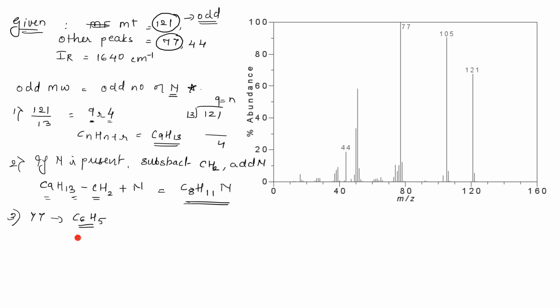So from C8H11N, we subtract C6H5 because we know there is a phenyl ring. If you subtract this, what is left is C2H6N. This part is confirmed from the peak.